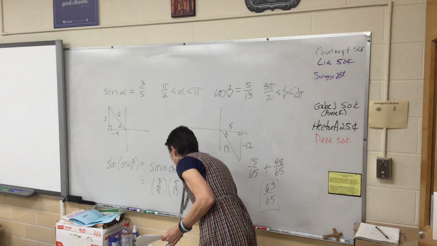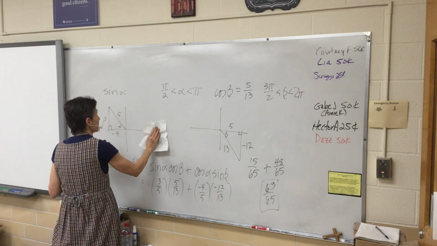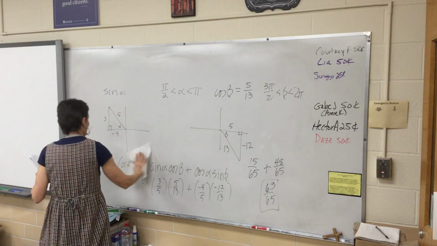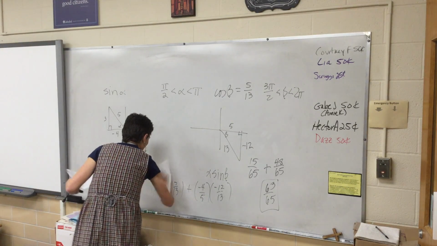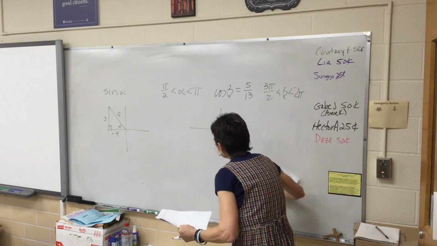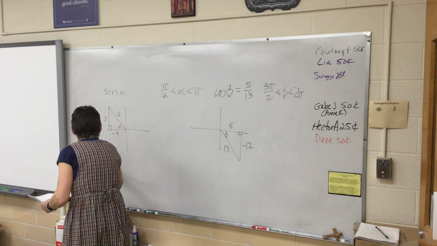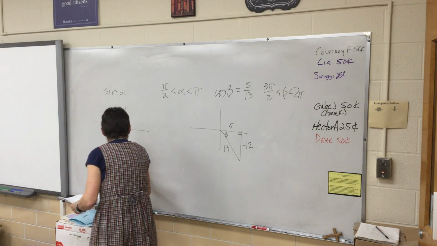All right, let's try B. Oh shoot, don't erase, I guess I can erase all that. Keep the pictures. Keep the pictures. Because B uses the same given. Now we're doing the tangent of alpha minus beta.